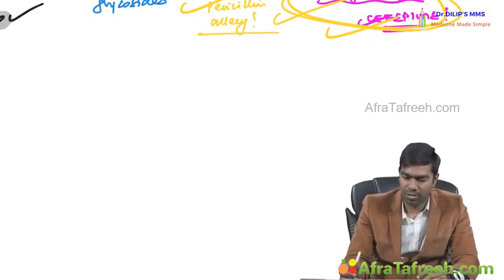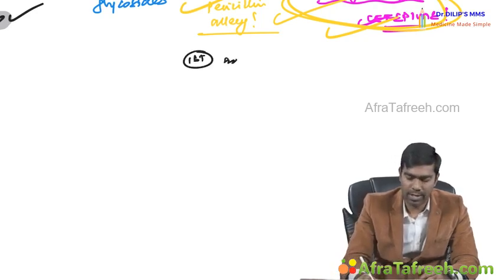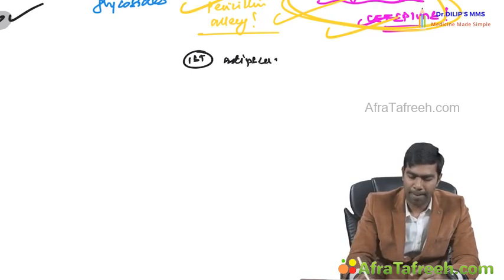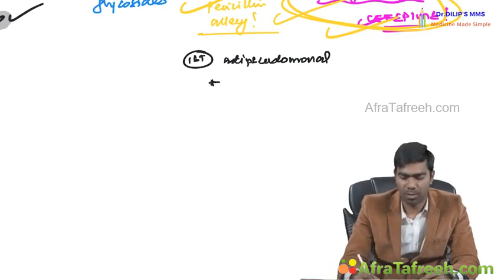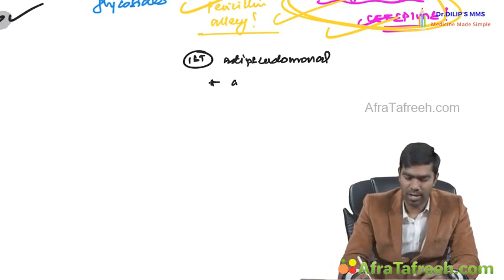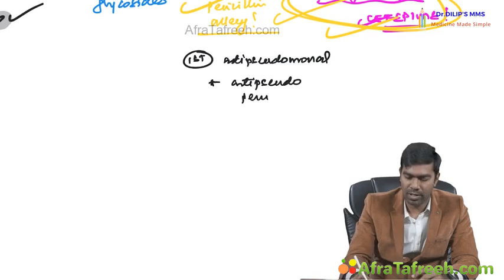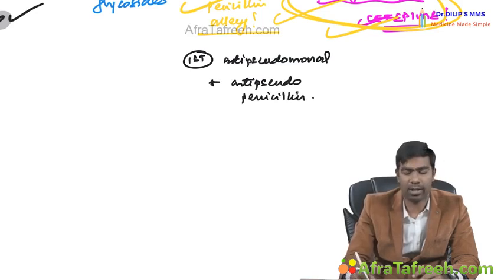You have first line drugs for anti-pseudomonal cover. The number one drug is your anti-pseudomonal penicillins, typically piperacillin-tazobactam.